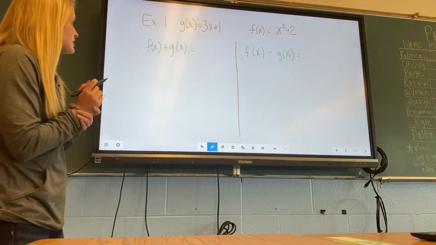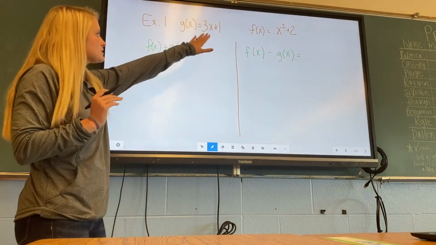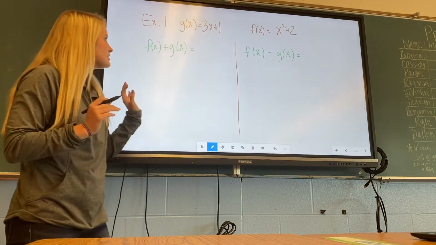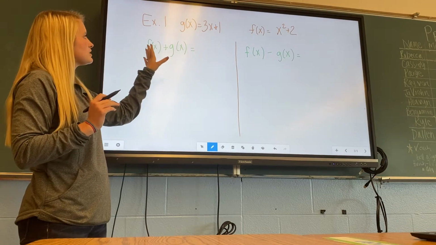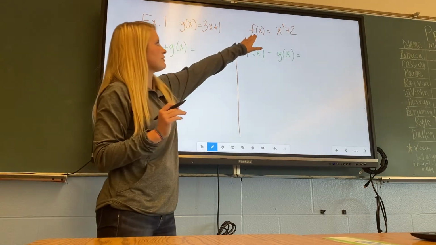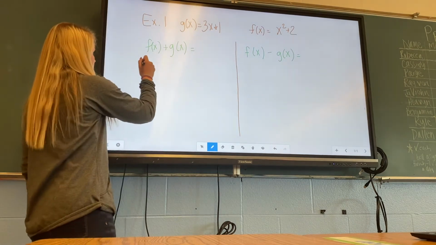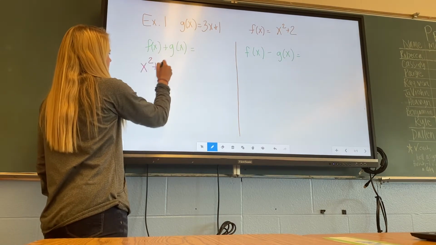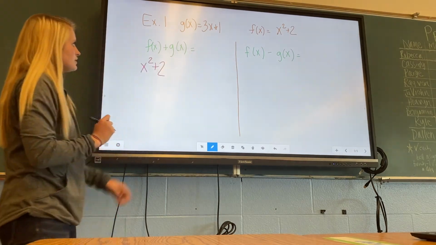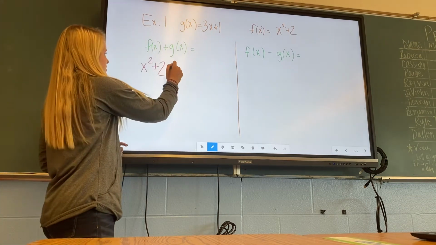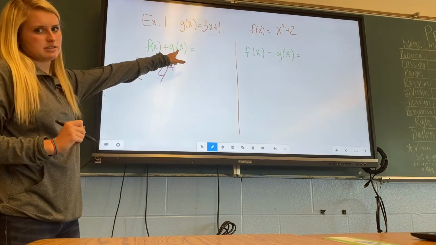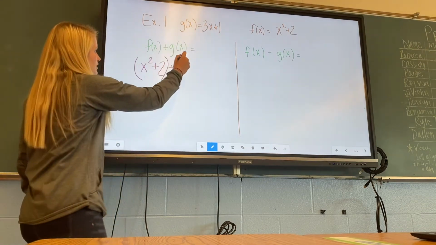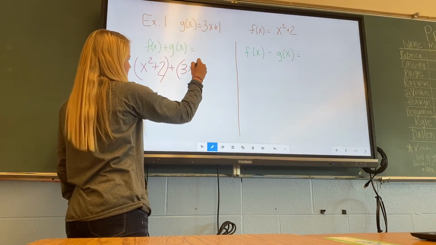So, example 1, here's my g of x and here's my f of x. You see here we have f of x plus g of x. We're literally just going to look up and see what's f of x and write that down. X squared plus 2, okay? And then we have a plus, so we're going to put plus. This was our f of x. And now what's our g of x? 3x plus 1. Copy it down.